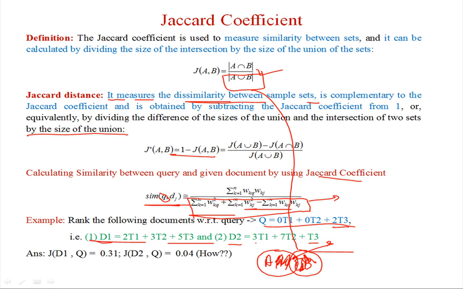Means count this part, and count this part once. The same thing is applied here in the form of matching queries and document Dj, where a set of n documents are present.